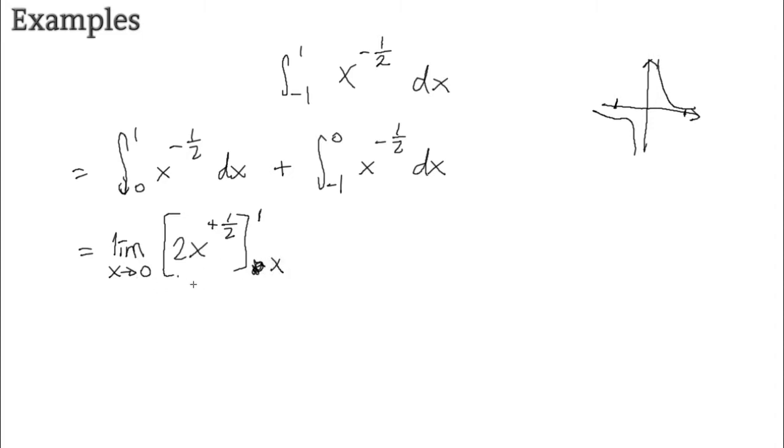So x tends to 0, we keep this as x. So leave it in algebra form after we've expanded. Then add the same thing, the limit of x tends to 0 of 2x to the half, between x and minus 1.